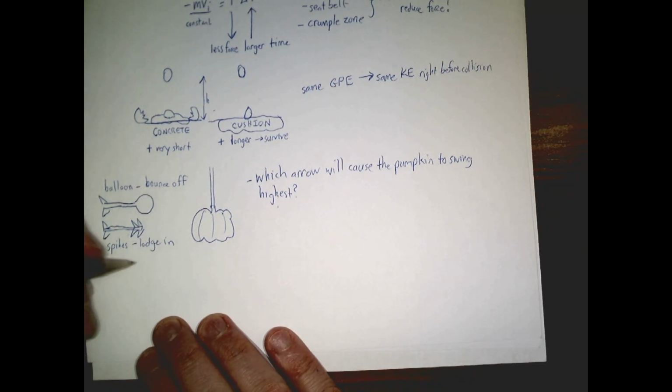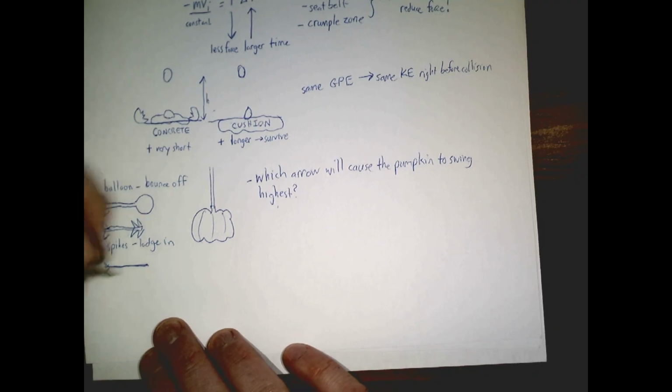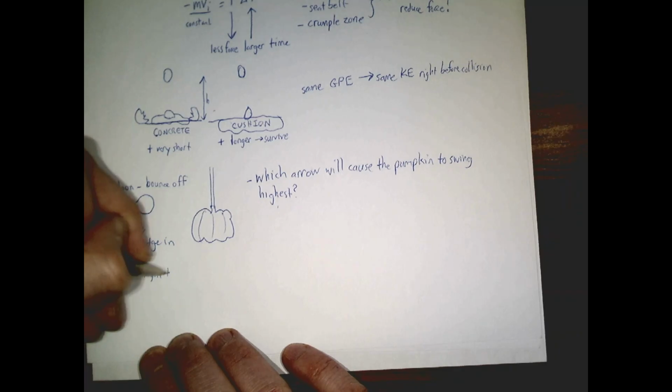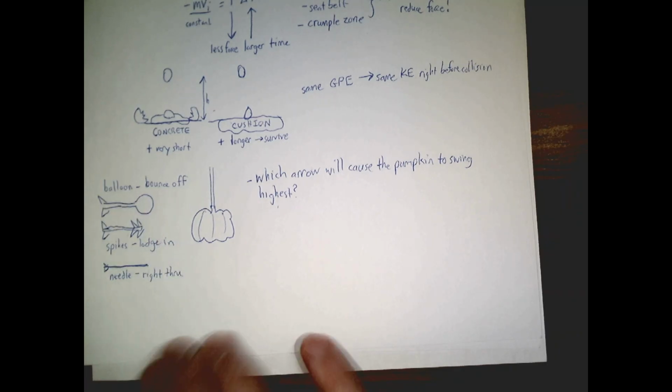And then we have this super sleek arrow that's like a needle, and it's going to go right through the pumpkin with minimal resistance and pop right out the other side.